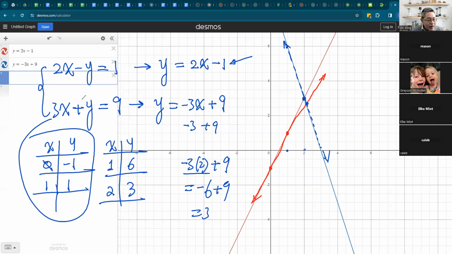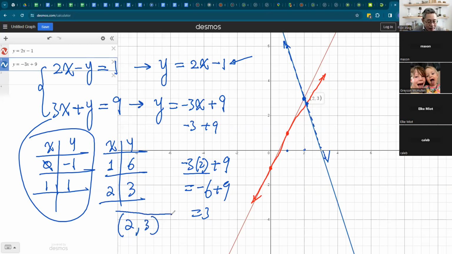Now, if you use a graphing paper and a ruler, you can get that pretty close. And in the graph, we can see that our solution, that point is (2, 3). That means on the intersection point, our x coordinate is 2, y coordinate is 3.